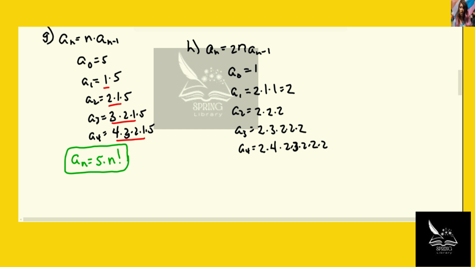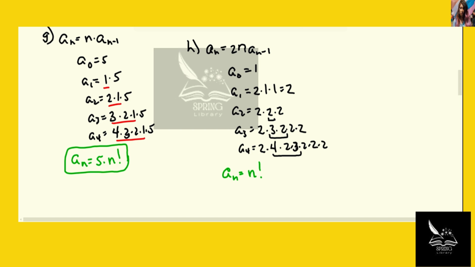So let's see what we have here. We have a lot of 2's going on. Every time we're also multiplying by the next integer up. So this is looking very much like a factorial. 4 times 3 times 2, 3 times 2, 2. So it looks like in each of these, I have a factorial going on.